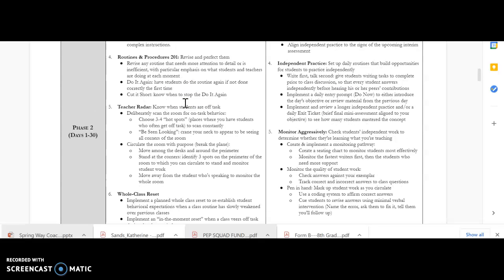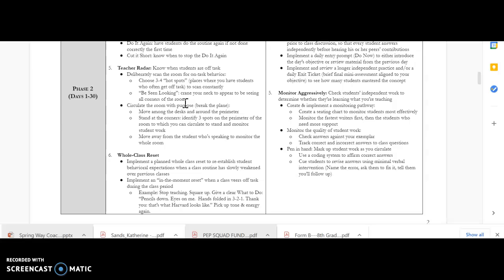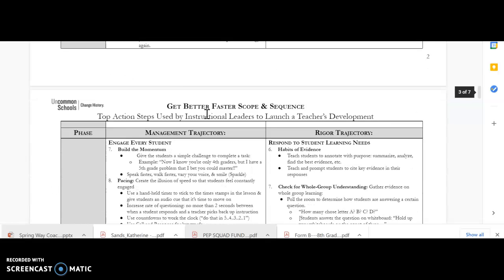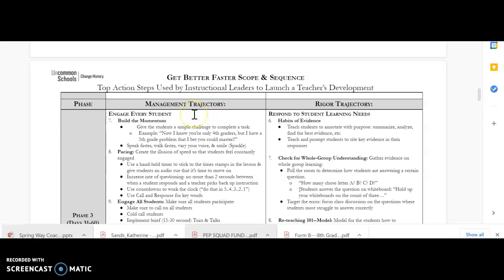Again, I'm going through these with the idea that you guys are going to look at your own paper or worksheet on this, because this is what you will use as you are actually coaching your teachers, right? And the idea of this particular exercise that we're showing right now is for you guys to know when to use what trajectory and which action steps fall into what category or trajectory.